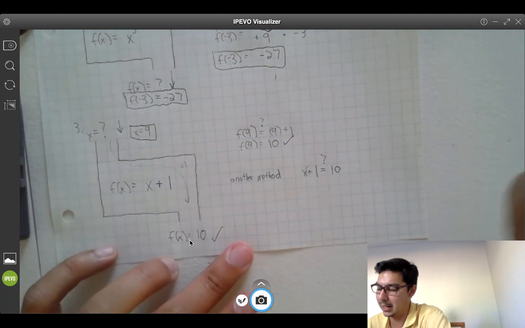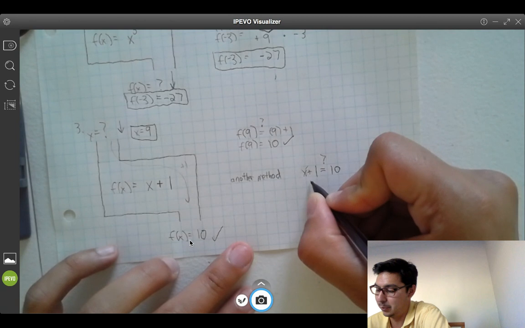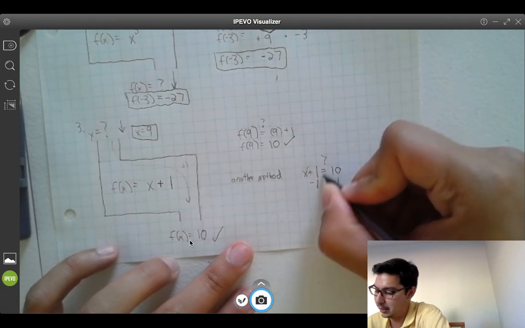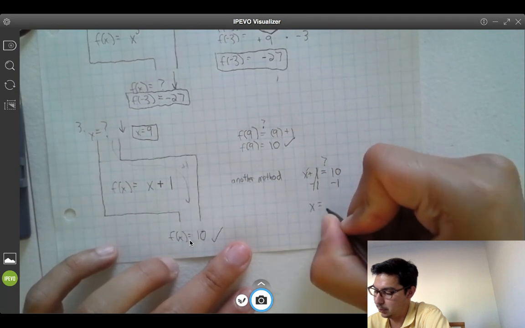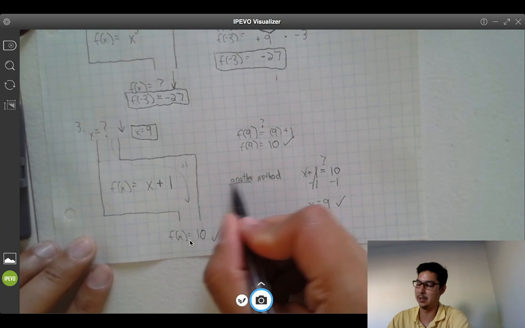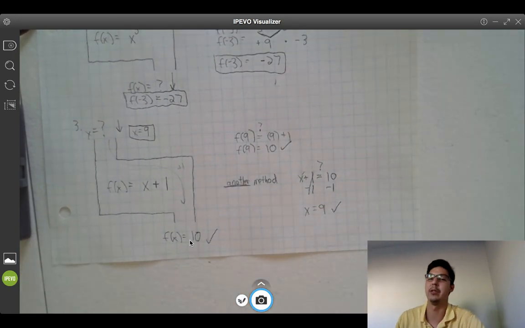And you're solving that equation. If you want to get x by itself, how do you get rid of a positive 1? The opposite of positive is subtract. If you do it to one side, you have to do it to the other side of the equal sign. 1 minus 1 goes to 0, so you get x is equal to 9. That's just another way we got the answer. A little bit more complex. That's why it's another method, not mandatory. It's just maybe your brain thinks that way.